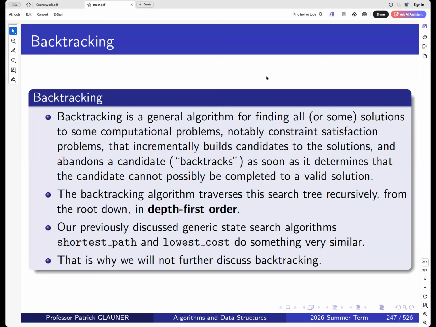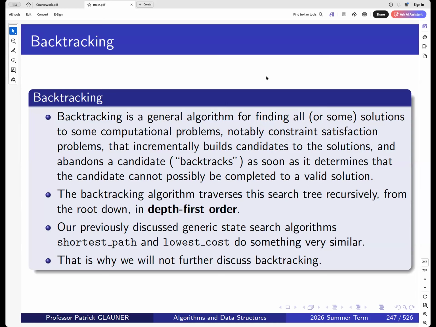Where you often would see this as a visualization is, for example, a maze where we try to go from the entry of the maze to the exit. And once we end in a corner or in a dead path, we would start to go back to the previous junction where it still worked. So that's backtracking, and you can visualize this with a maze.